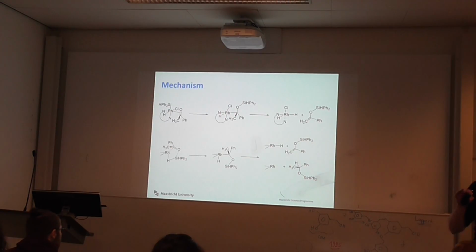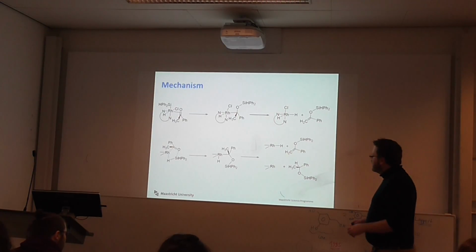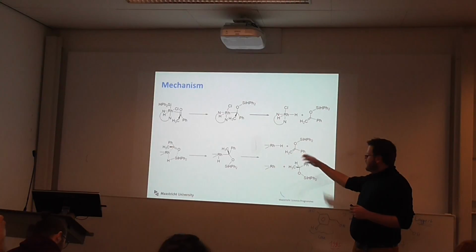So ketone hydrosilylation in a nutshell: coordination, then silane activation in a second step, you form an intermediate that looks like this, and then you get hydride elimination or reductive elimination to form the desired product.